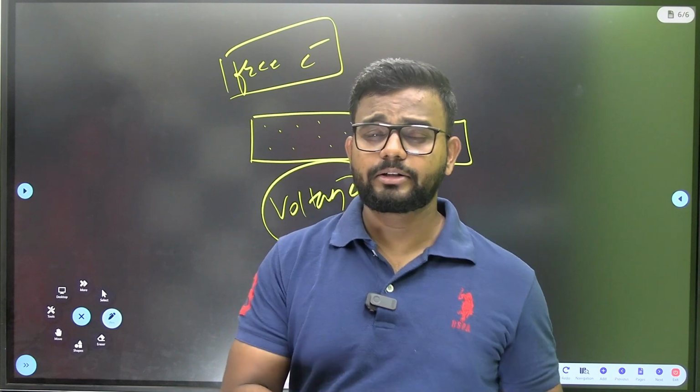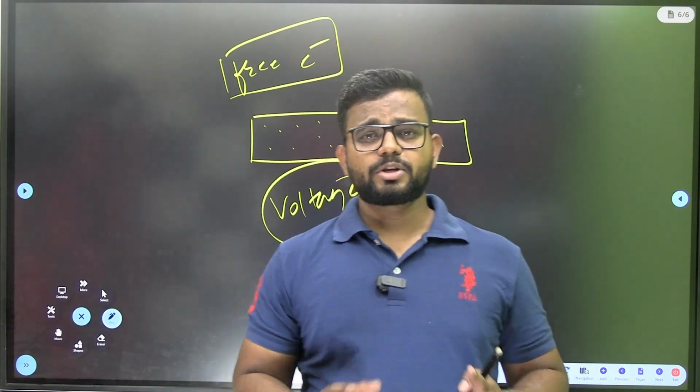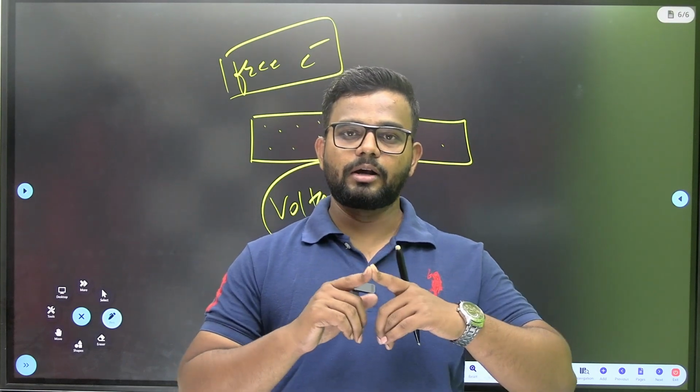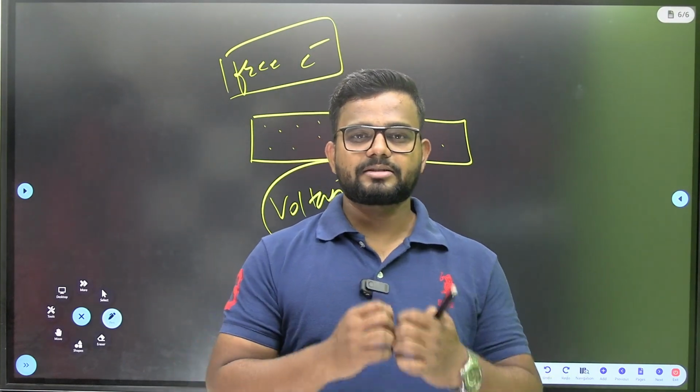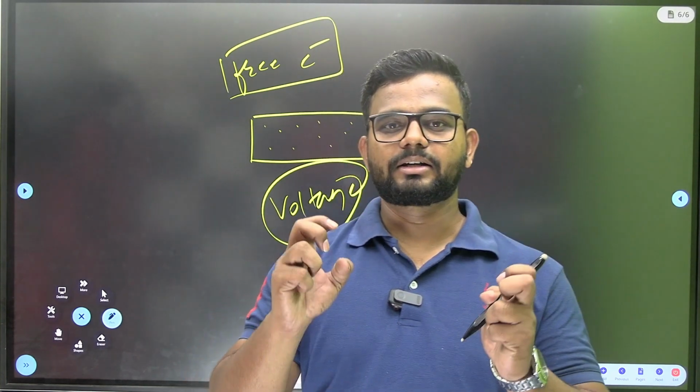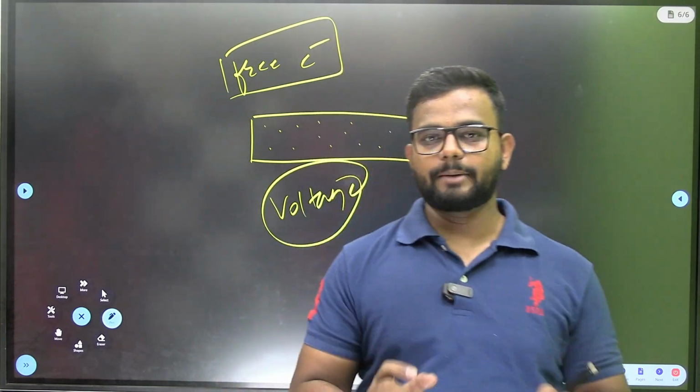This is just the introductory lecture. The purpose of this video lecture is to make you aware of and help you understand the basic matter required to understand the concept of electricity, the whole chapter of electricity.